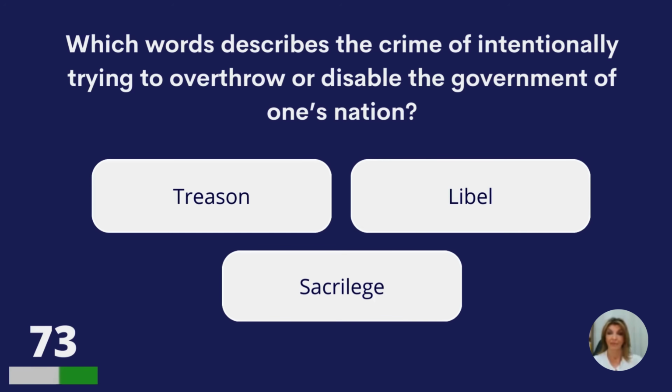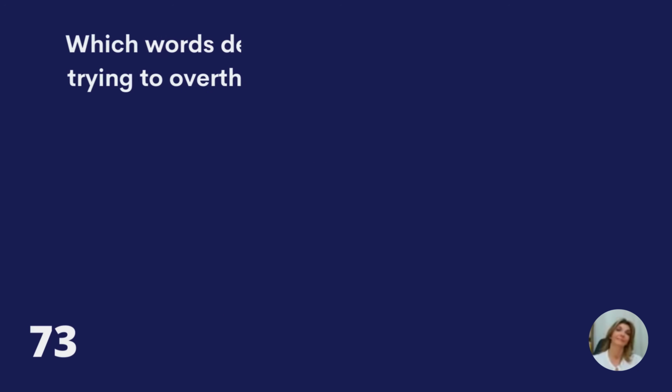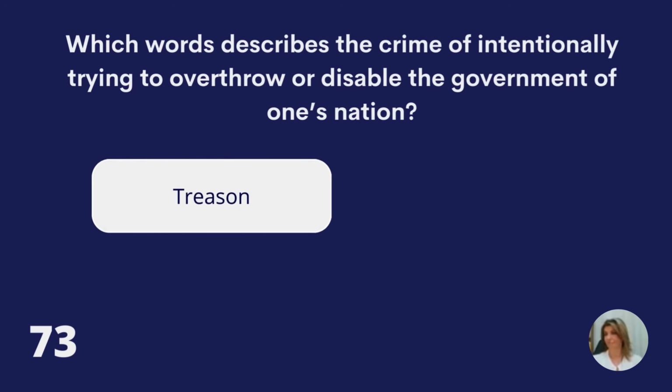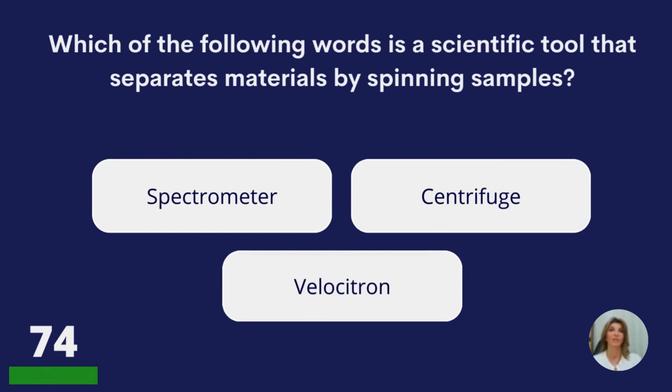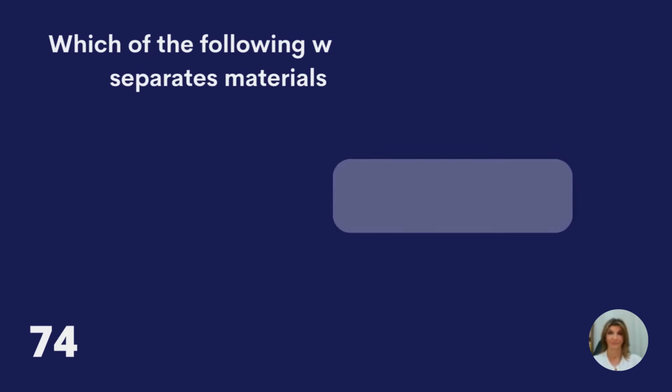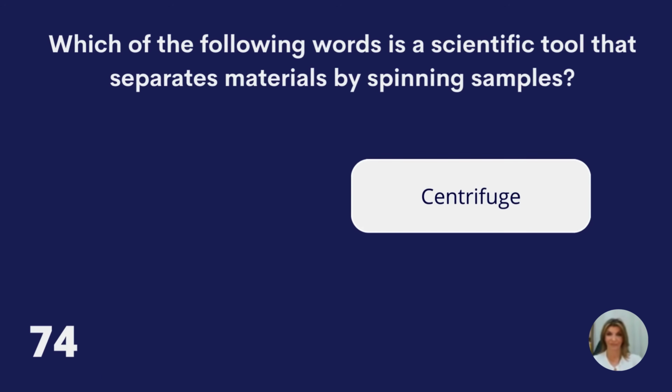Treason, libel, or sacrilege? Treason. Which of the following words is a scientific tool that separates materials by spinning samples? Spectrometer, centrifuge, or velocitron? Centrifuge.